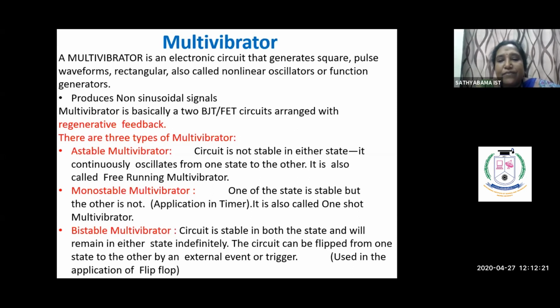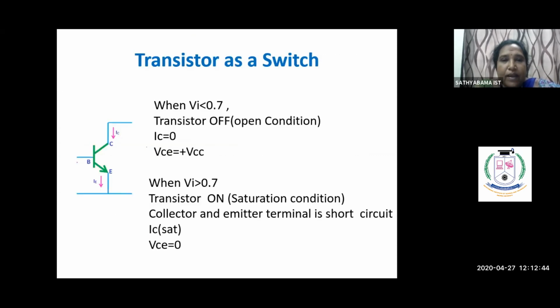The circuit can be flipped from one state to the other state by an external event or a trigger. We should apply the triggering, then only the state will change. I will explain these types of multivibrators elaborately in this session. This bistable multivibrator will mostly be used in flip-flop circuits. So we'll start the multivibrator concept.